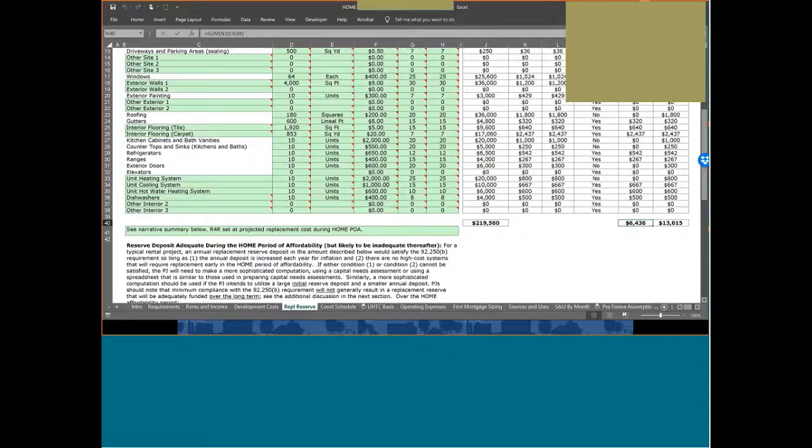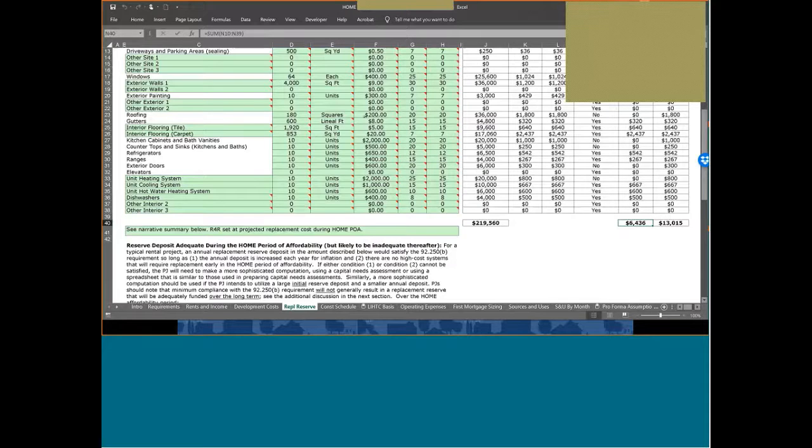So if you're going to escalate your costs and your reserve deposit, they will keep pace with each other. What we care about for now is what's the number today on a level basis without escalation. And I'll show you when we get to the operating pro forma that this number is going up over time because these numbers here in column F are going up over time.